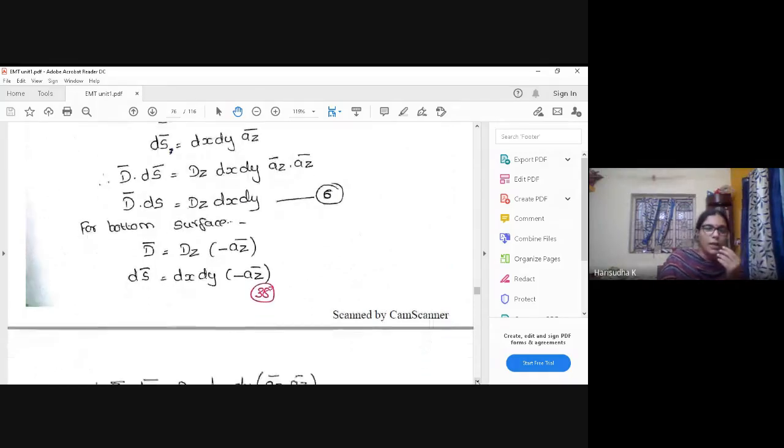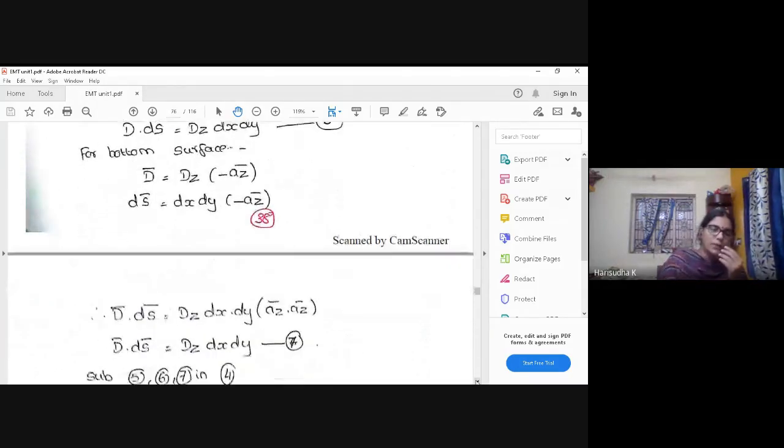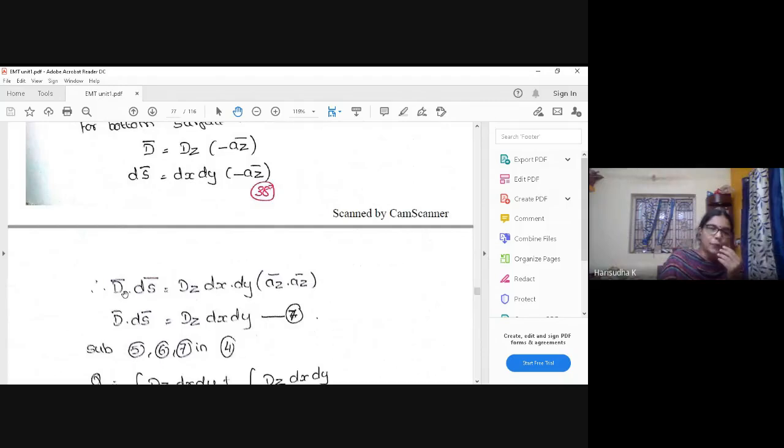Now, D dot dS, as we did for the top surface, the same procedure. Instead of D, I replace Dz into minus az, and instead of dS, I replace dx dy into minus az. So this minus and this minus become positive. Again, the dot product of the same vector is equal to 1. Therefore, D dot dS will be equal to Dz dx dy.